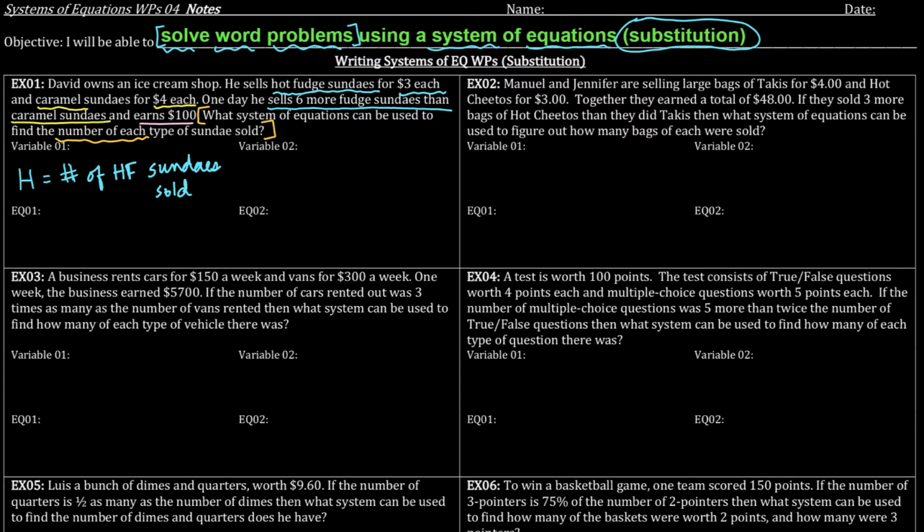And C, the number of caramel sundaes sold. And we do know that he sells 6 more fudge than caramel. So the number of hot fudge is 6 more than the number of caramel sundaes that he sold.